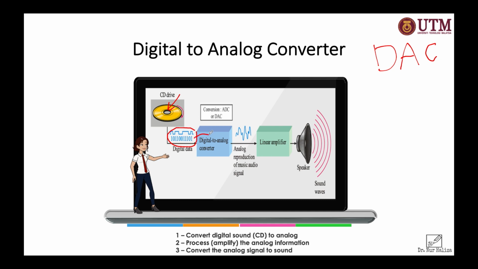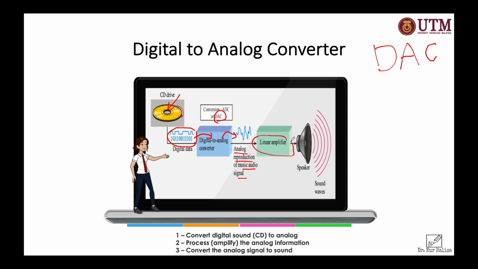You insert it into your CD drive, and there is a system inside called the digital to analog converter, or DAC. It will change it into analog, which is the analog reproduction of the music audio signal.